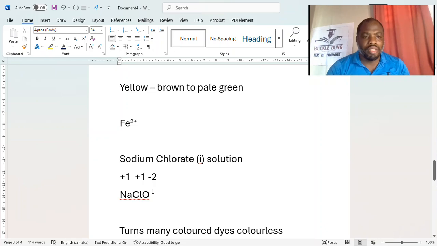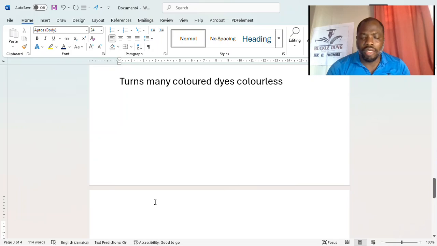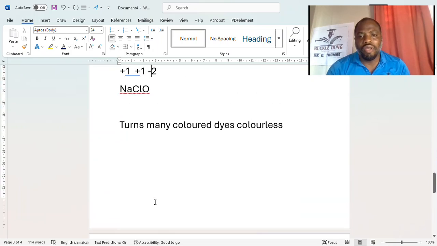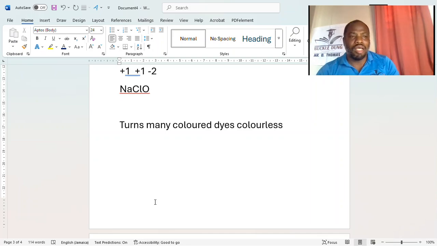Now what happens is this. When you think of your bleach, and so sometimes you have a little white clothing, your white shirt or your white dress, and you may get a stain on it. That stain may be colored. What this will do is, since it's an oxidizing agent, it's going to oxidize the dyes.